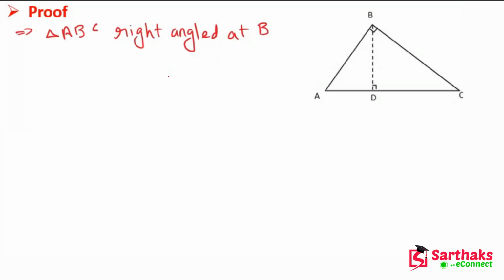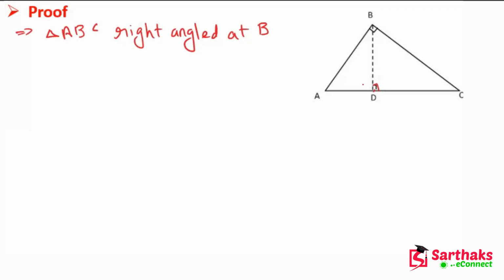Now we have to draw a perpendicular from point B on AC. So the perpendicular is this line.